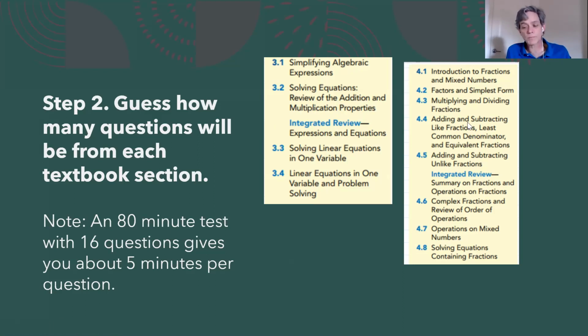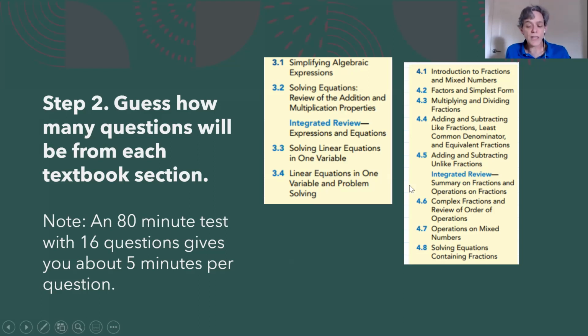In a similar way, for the fraction part, 4.4 says adding and subtracting like fractions, least common denominator, and equivalent fractions. Section 4.5 is about unlike fractions. So I would think, well, if I could add fractions with unlike denominators, then I certainly would be able to do the information from section 4.4 where the denominators are like, right?